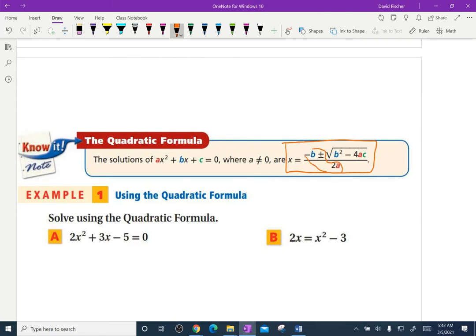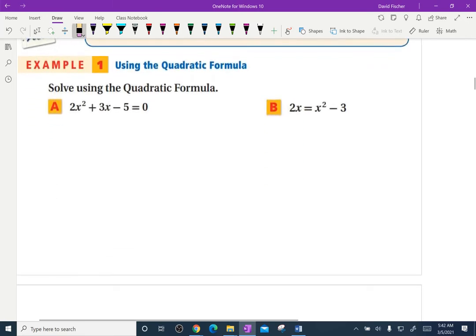This guy right here is finding the vertex, b over 2a. The square root is just completing the square. And that b over 2 is also completing the square, what we did yesterday. Whatever our b is, divided by 2 and square it. So a lot of this is just putting it all together and using one formula.